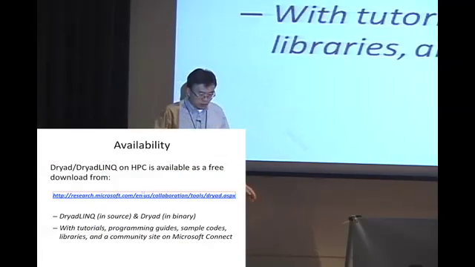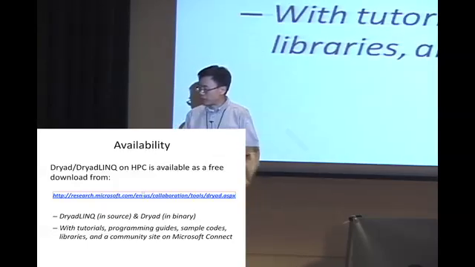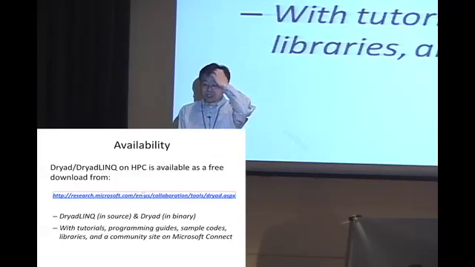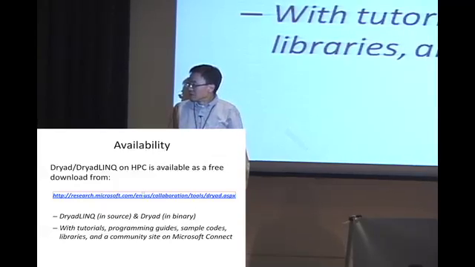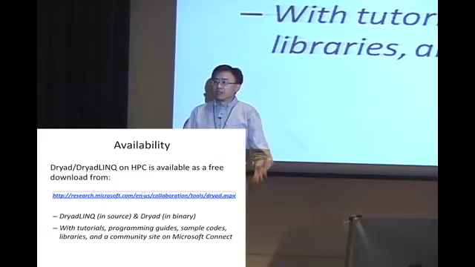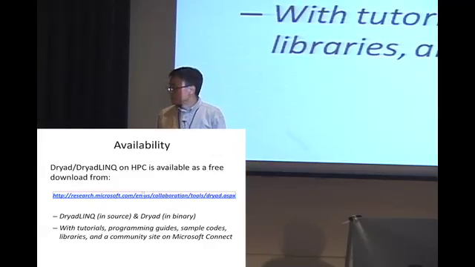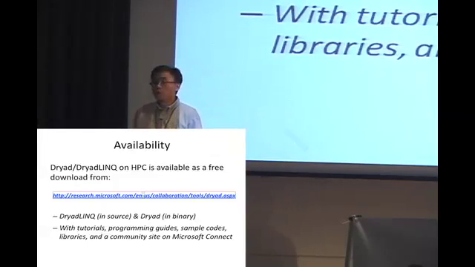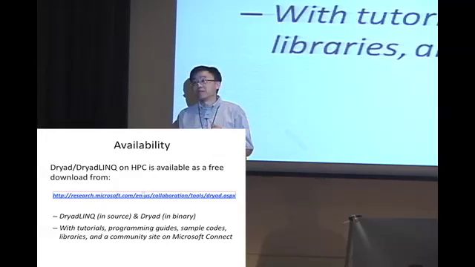I'll answer the first question preemptively, following the last speaker. The question is about availability. Dryad and DryadLINQ are available on the Windows HPC cluster as a free download. You can download it from this place. We are releasing DryadLINQ in source code and Dryad in binary.